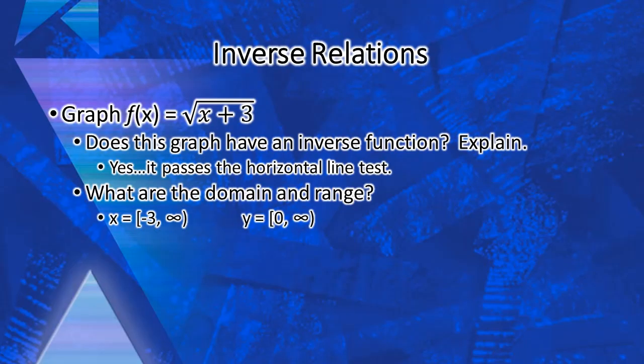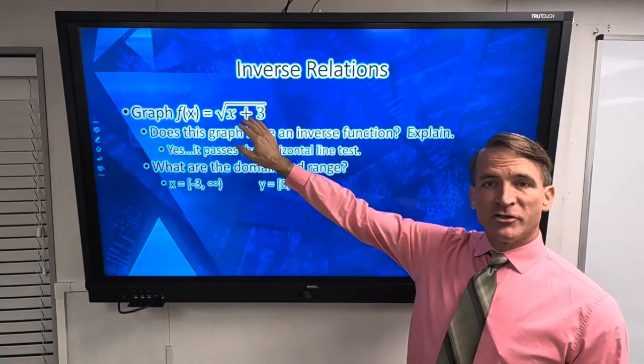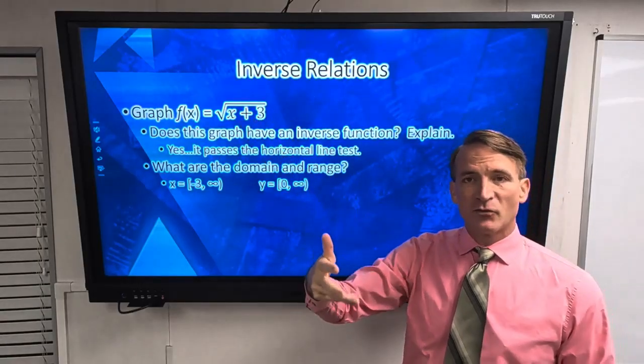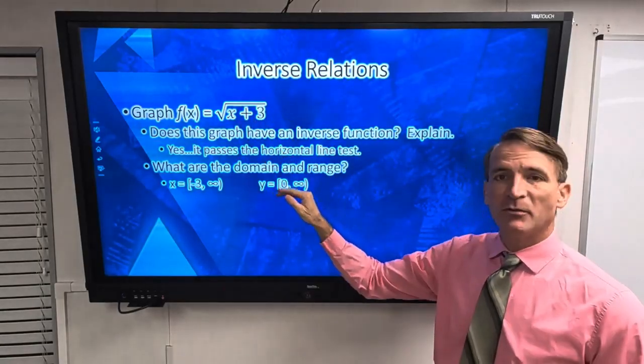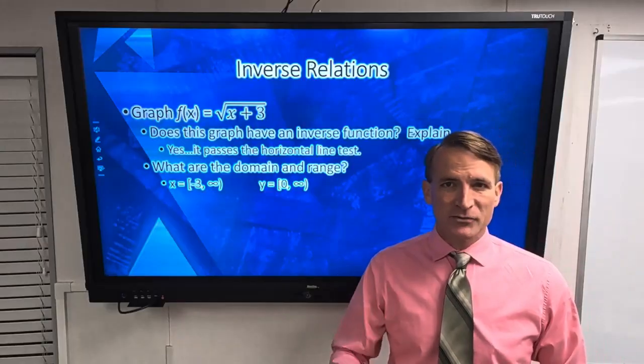So my domain is restricted to -3, including that value, all the way up to infinity. My range of my original, if you look at your graph, is going to be from 0 to infinity. So it doesn't have any negative values.